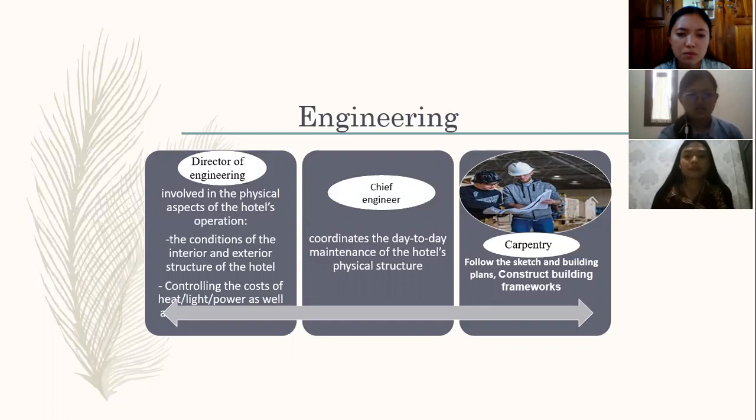The second one is the chief engineer. The chief engineer has duties to coordinate the day-to-day maintenance of the hotel's physical structure. Because there are a bunch of sleeping rooms, which are the main product of the hotel, the chief engineer takes charge of checking and assigning sleeping room repair duties when something is broken or needs to be repaired.